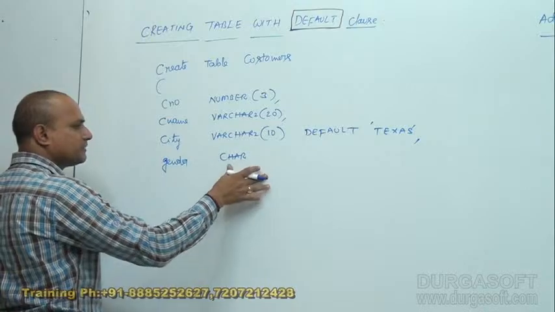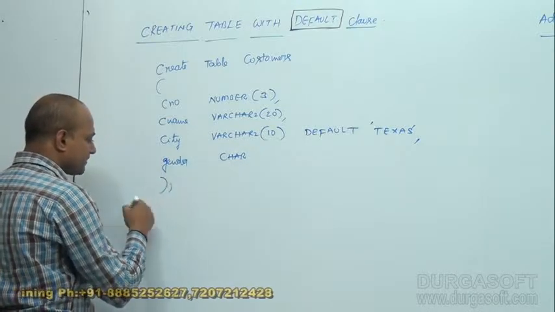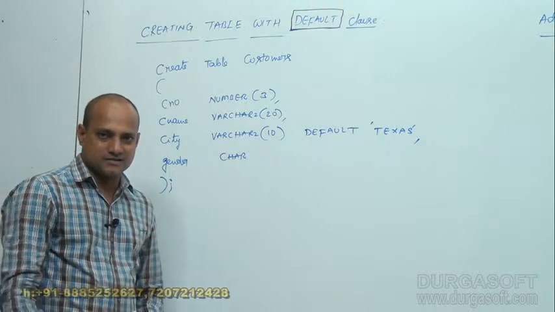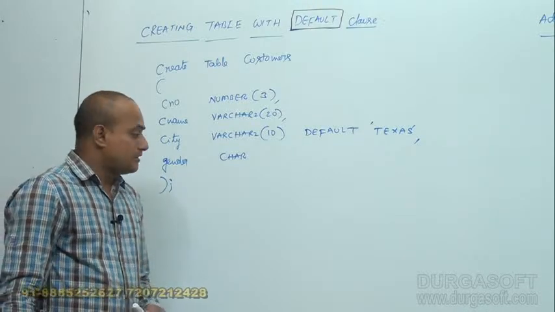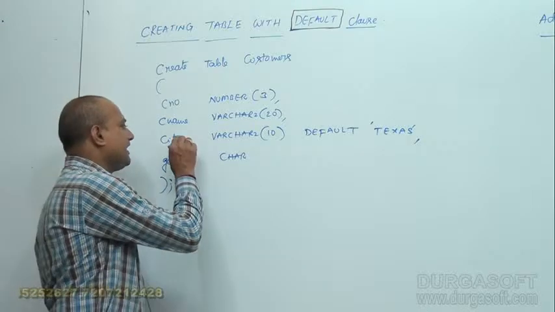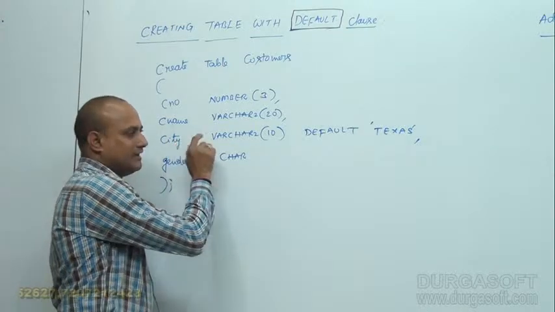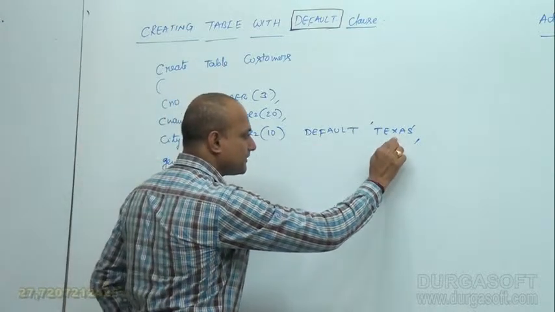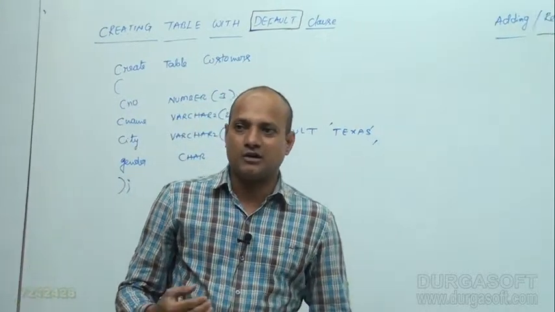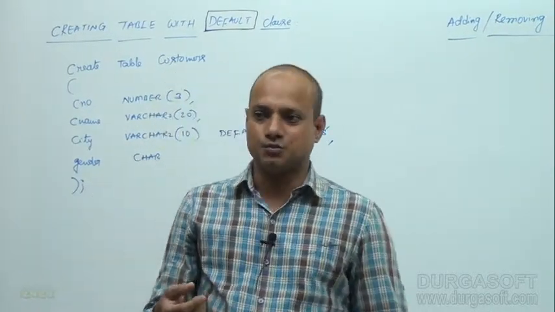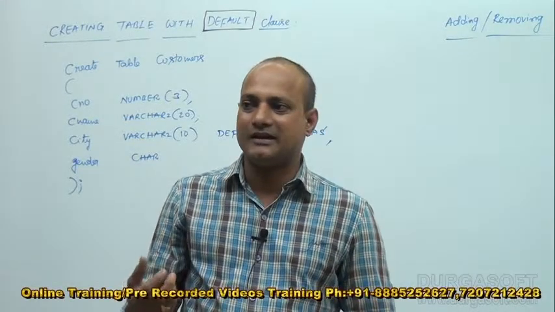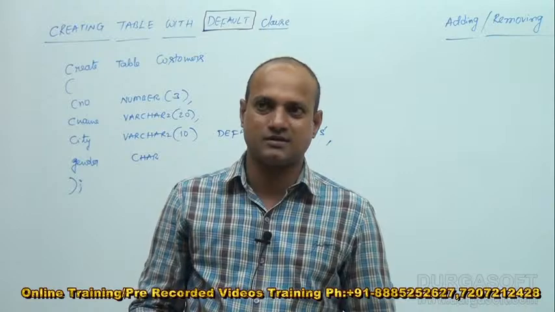According to your business requirement, you can maintain the columns. That's all, the table will be created successfully. Then, while inserting data, if you are not submitting any value for city, the default city value is considered as Texas.